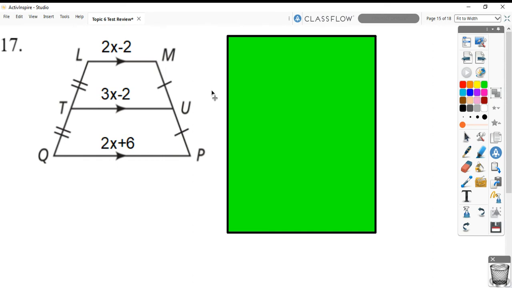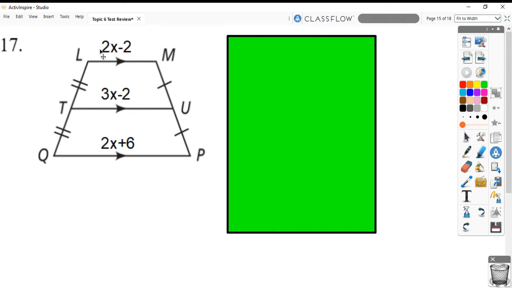Problem number 17. 17, 18, and 19, we've got three problems in a row that are about trapezoids. Trapezoid midsegments are a tricky little thing. If we remember from your notes, the equation we used was that the midsegment equals the average of the two bases.